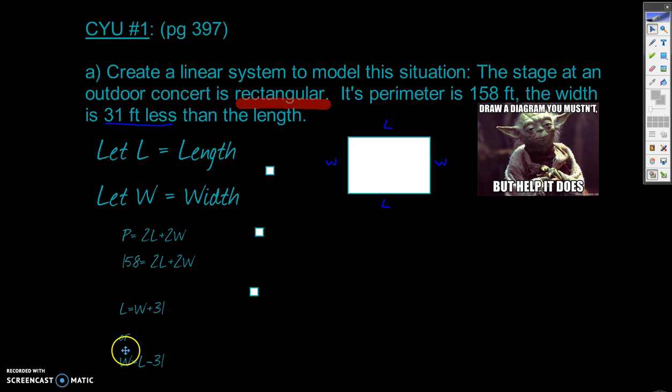If you don't want to have three equations here, so for our equations, this would be equation number 1, and this would be equation number 2. If you don't want to use this here as the equation number 2, you could definitely use width equals length, subtract 31, and that would be okay.